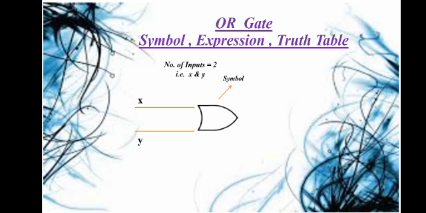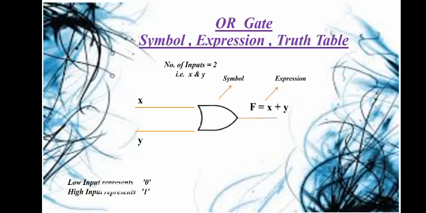AND gate means to multiply the inputs, and OR gate means to add the inputs. For the output, again we represent the output with F, and as we know the OR gate is the addition of the inputs, F is equal to X plus Y is the expression of the OR gate.